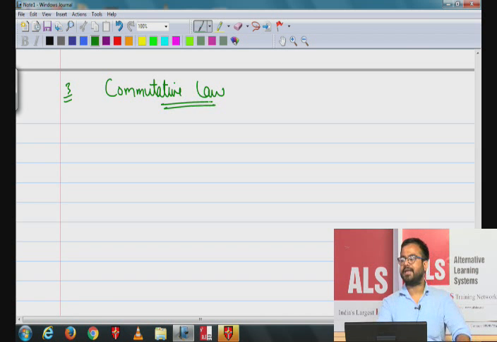Commutative law. In the 8th class, you must have studied the commutative law, associative law and distributive law. Commutative law means if we talk about addition, 2 plus 3 is equal to 3 plus 2.